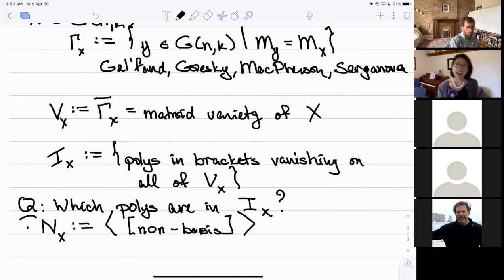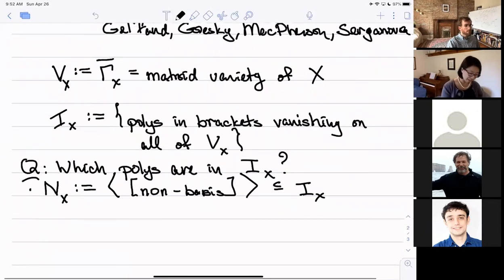So I look at k-element subsets of columns where those k columns are not a basis, so the determinant of the k by k submatrix is 0. So these are trivially inside of the ideal that I'm really interested in.